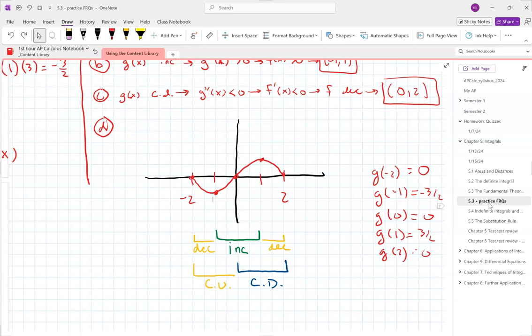Test 2 was a lot of just take the derivative of this thing. This is the equivalent test for integrals. Just do this integral, do this integral, do this integral. There'll be a little bit of conceptual stuff in there, but the majority of it is, can you do these integrals?